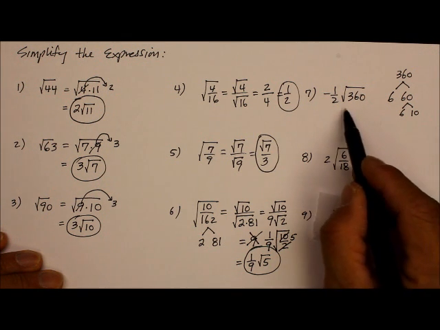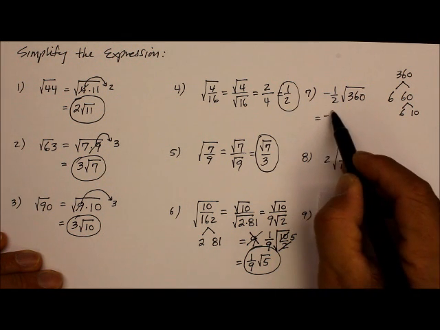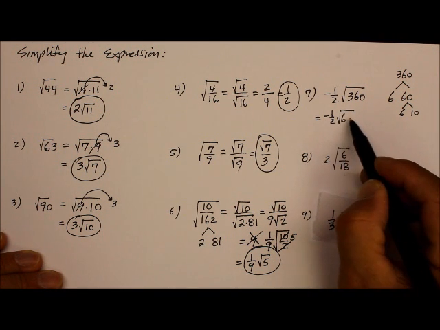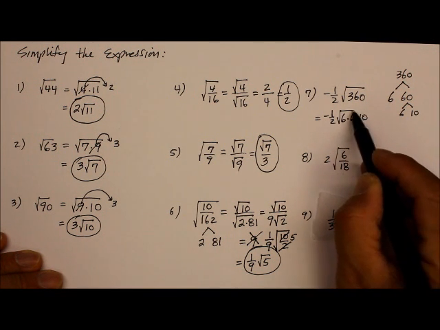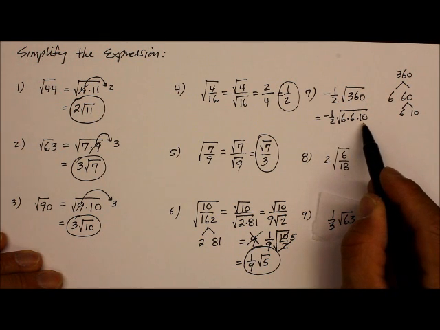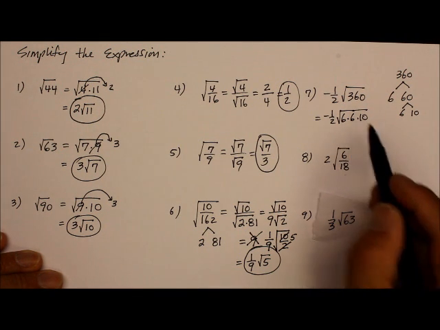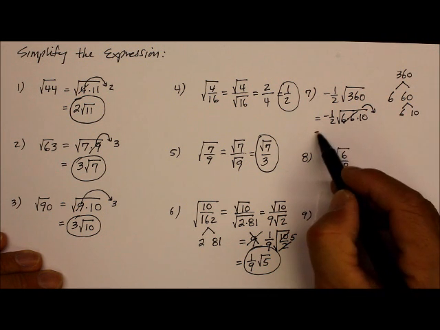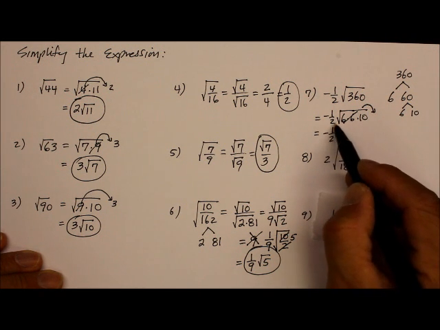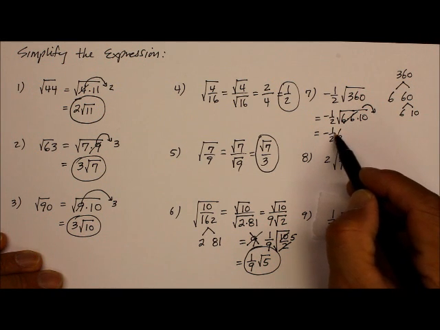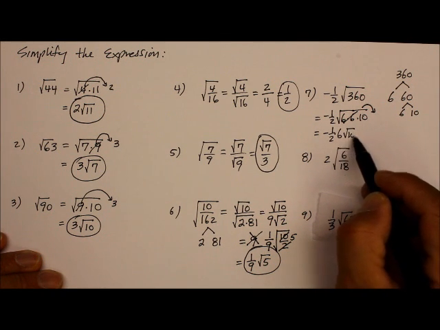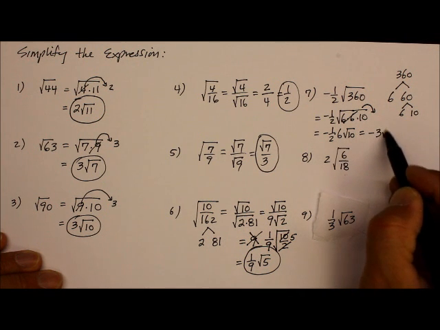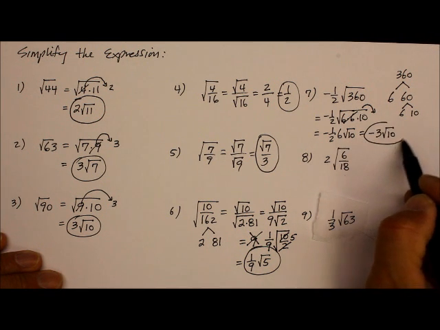And so, in fact, what this is saying is negative 1/2 times the square root of 6 times 6 times 10, or 36 times 10. So 6 has come out, and here's what we get. Whatever comes out multiplies with the number outside already. The 10 does not come out. 1/2 of 6 is 3, so negative 3 square root of 10. There's your answer for number 7.